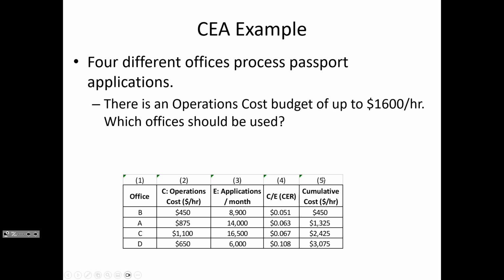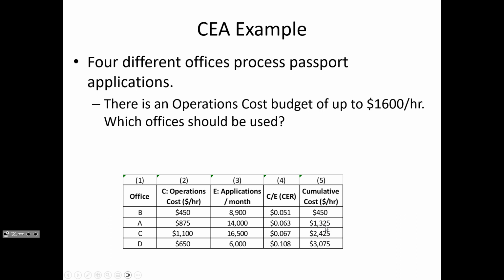Now, column 4 is the same data as we had before, just reorganized. And now column 5 is the cumulative cost in terms of dollars per hour. So 450 is just if we only have Office B operating, then it's $450 per hour. Now if we have A and B operating, then it's 450 plus 875 if we have both of those 2 offices operating.